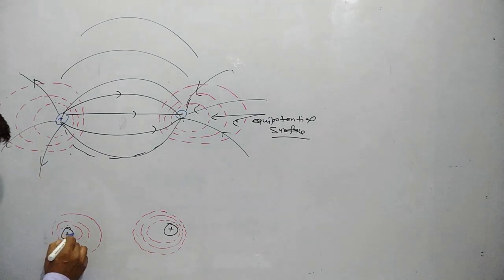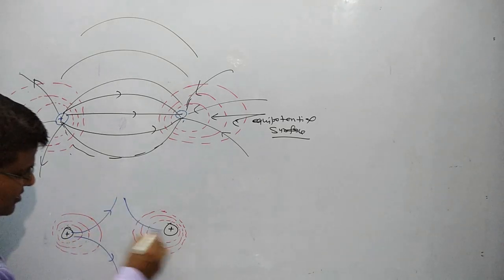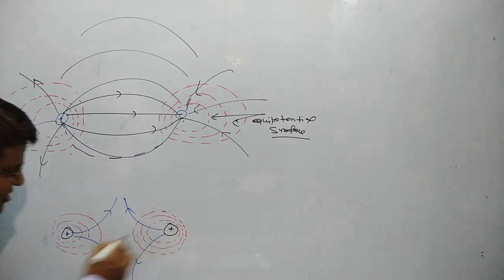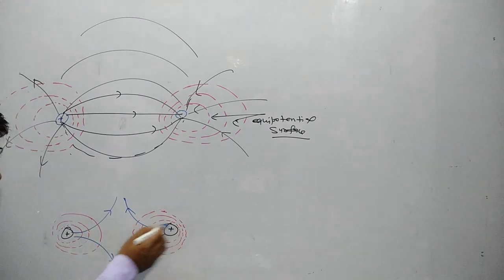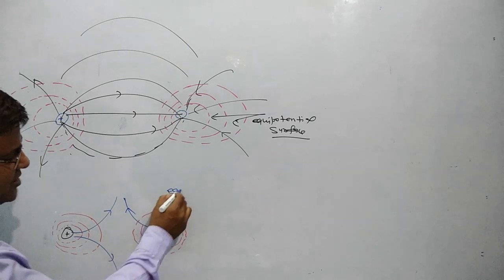And this is outward. Suppose this one is the electric field, blue lines, electric field lines, black color, positive charge, and this one is the equipotential surface.